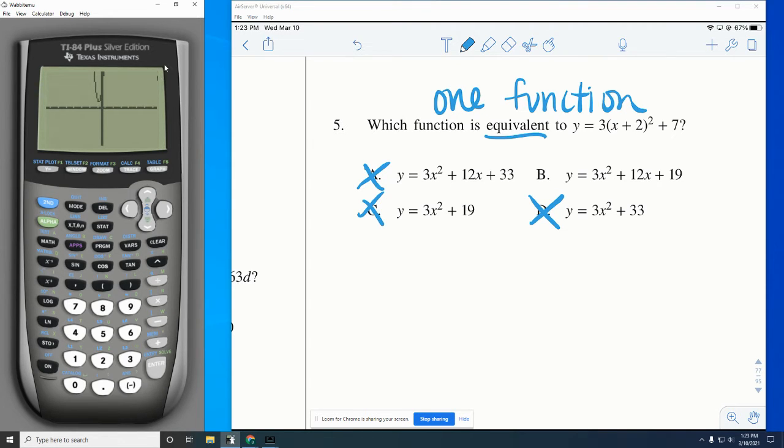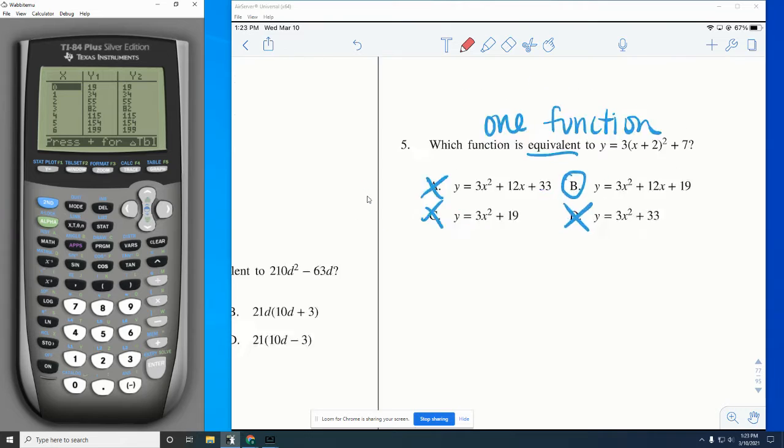We're still thinking. I don't see another graph. Let me go to the table to confirm and look at your y values. All of these y values are exactly the same. So this problem is all in the calculator, and it's not super tricky as long as you check all of the answers, and if you don't see what you're looking for, zoom out or use a table.